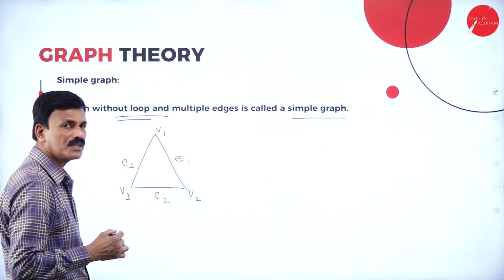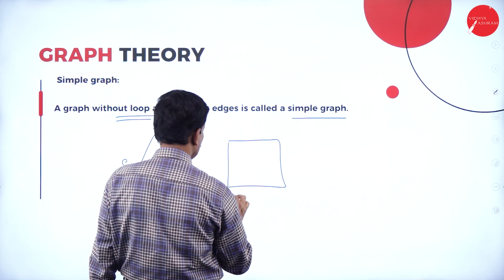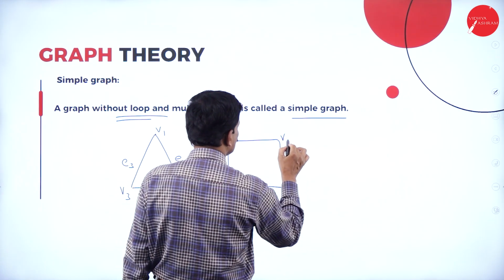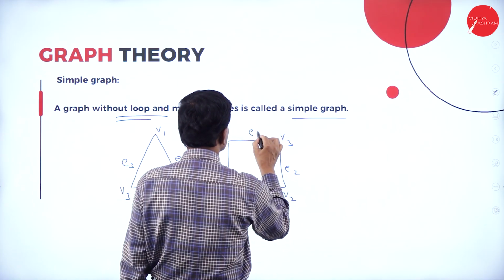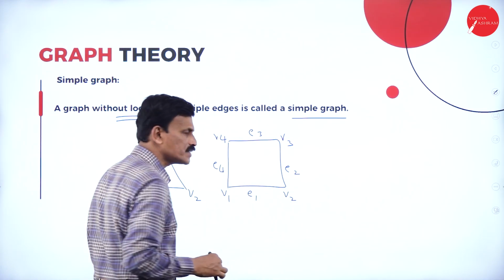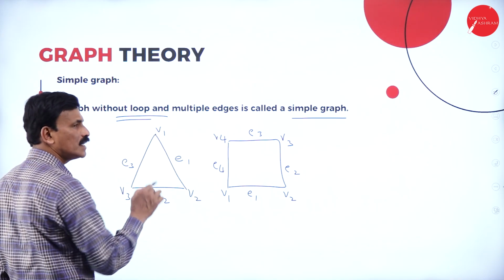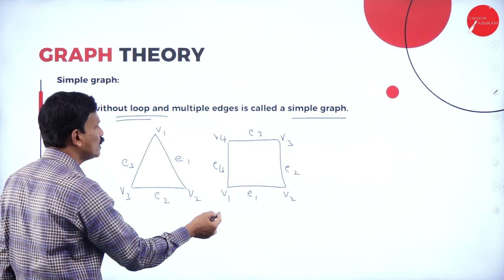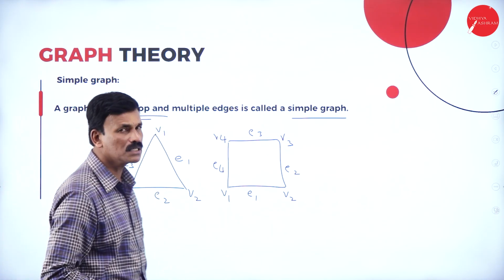This is an example of a simple graph. One more example: V1, V2, V3 and V4, with edges E1, E2, E3 and E4. This is also an example of a simple graph.